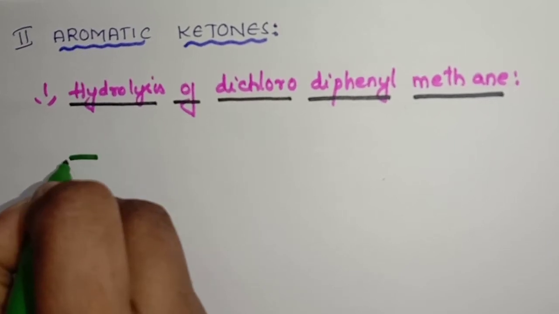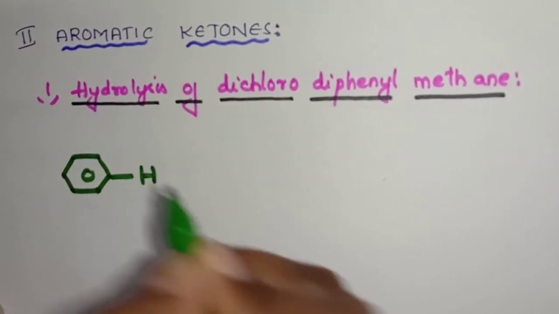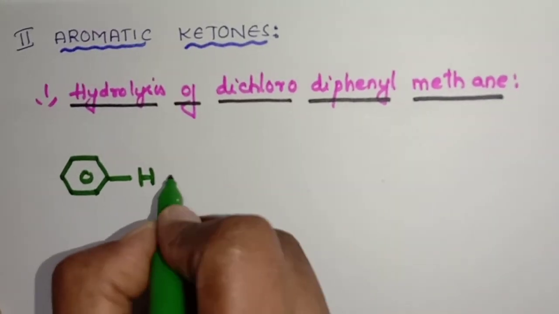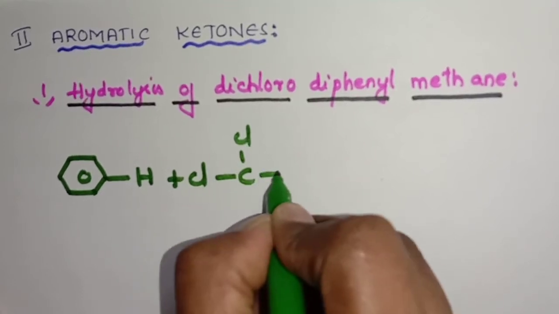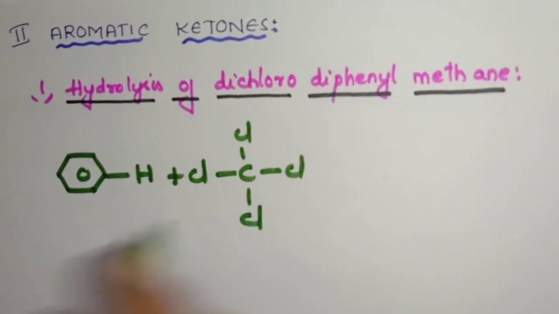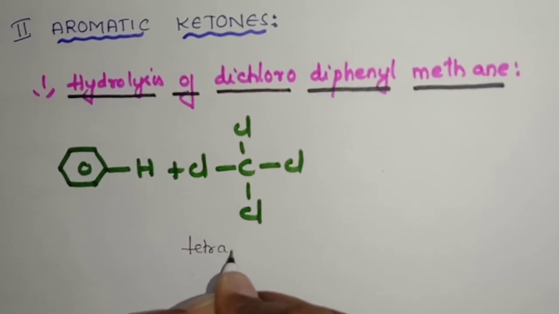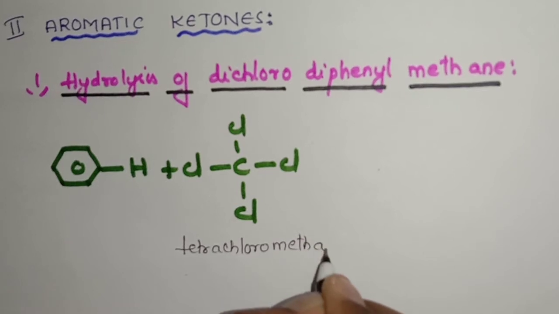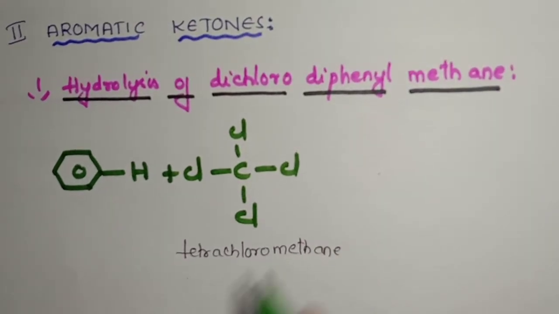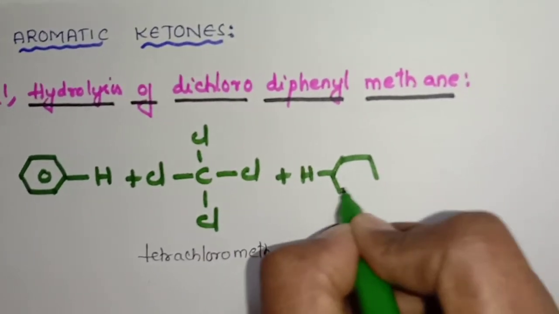For this, let us take C6H6 benzene plus CCl4, which is tetrachloromethane, plus one more benzene.